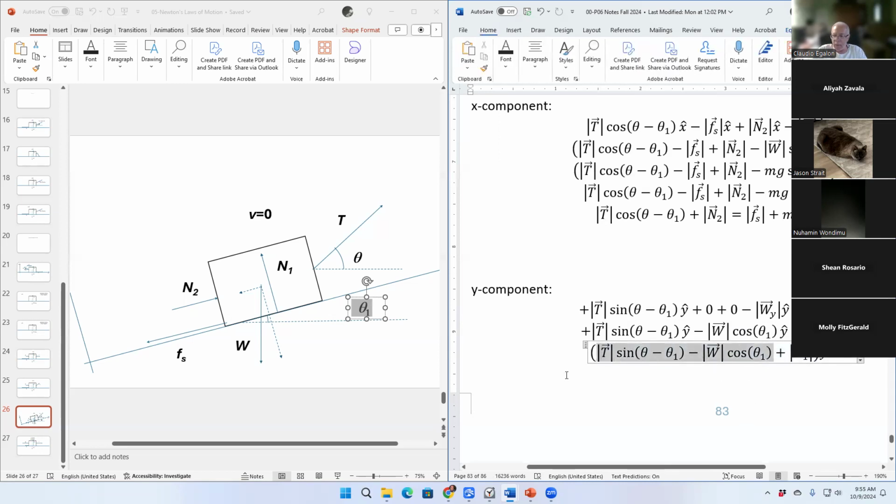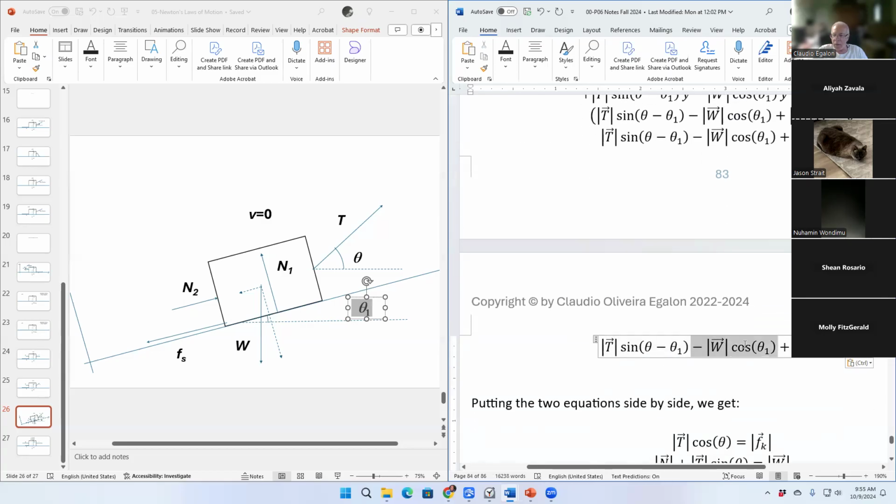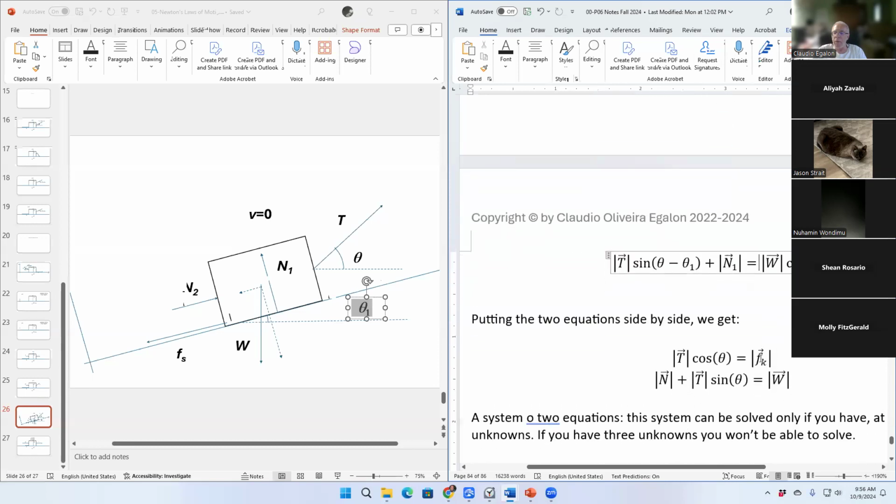And finally, we get our scalar equation. That's going to be given by something like that. We pass the negative terms to the other side, and we have this relationship between the parameters.